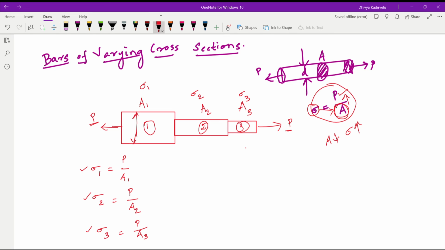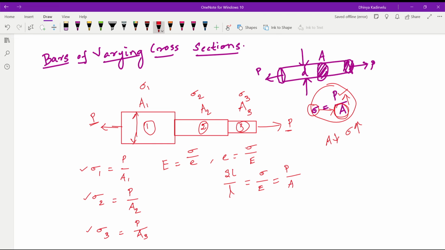So how can we calculate strain? What is the strain formula? We can take the strain formula from Young's modulus, right? So Young's modulus is equal to stress divided by strain. Again, strain is equal to stress divided by Young's modulus. Again, the strain can be written as change in length divided by original length, which is equal to sigma divided by E. And the sigma can be written as P by A, right?